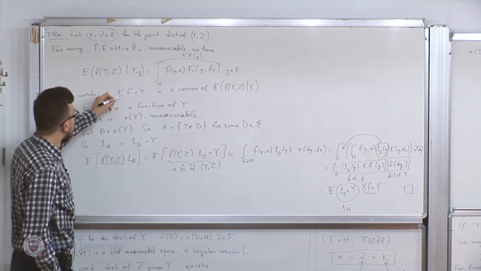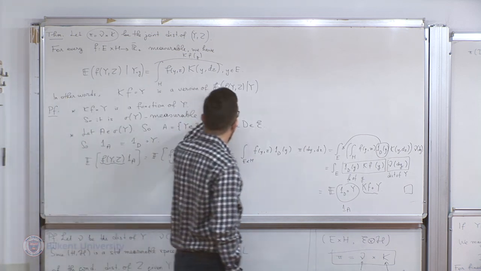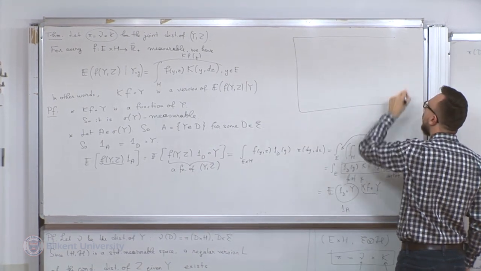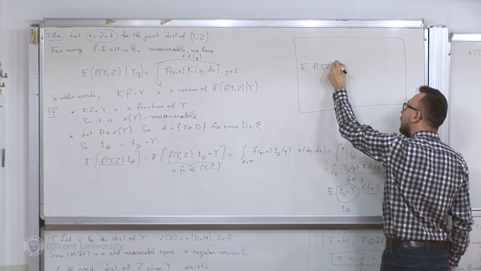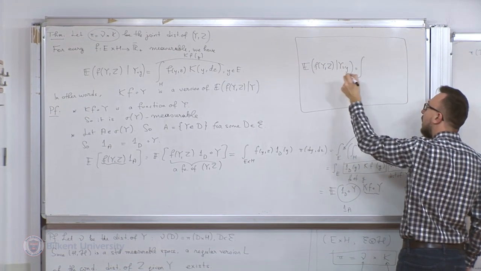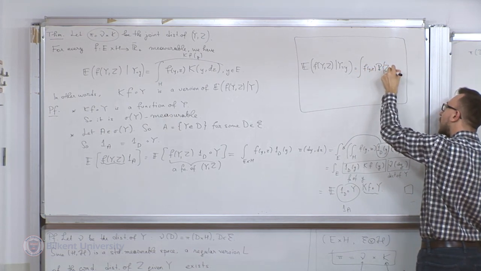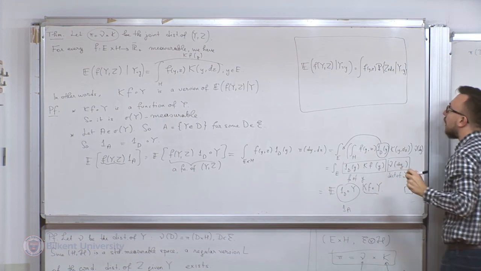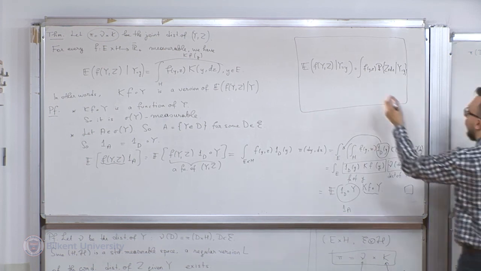So we checked that this is a version of the conditional expectation of a joint function of Y and Z given Y. So we can write this formula as: the expectation of f(Y, Z) given Y equals little y is the integral of f(y, z) with respect to the conditional distribution of Z given Y equals little y.